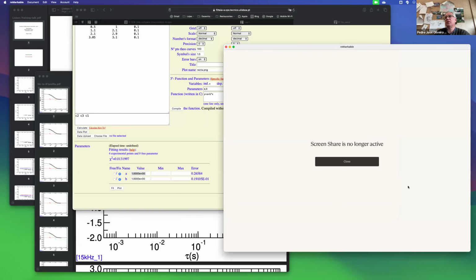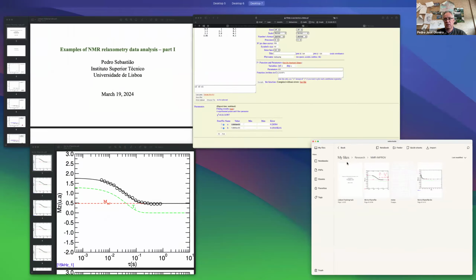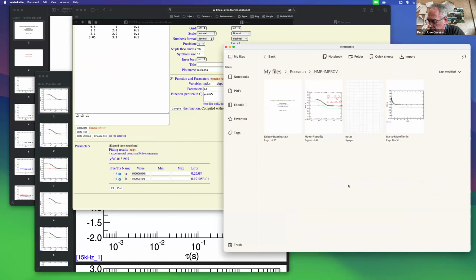Let me see if I'm able to share again. Did you introduce that, Adam? Or someone else? No? I didn't introduce this. Okay. So, well, it's not so much relevant, but I think it's worth it. Sorry. I have to start Remarkable.